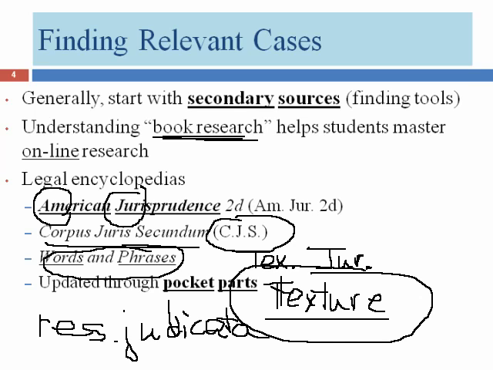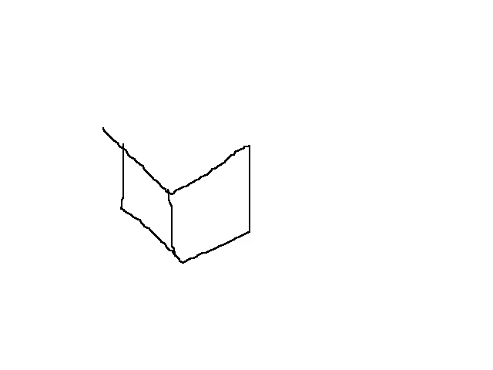I'll clear this out for a second. Imagine a book here. Great artist, as you can see. And we have here the pages with the text on the pages. And let's say you read this line right here and you say, oh, that's exactly what I need to know. But you know what?